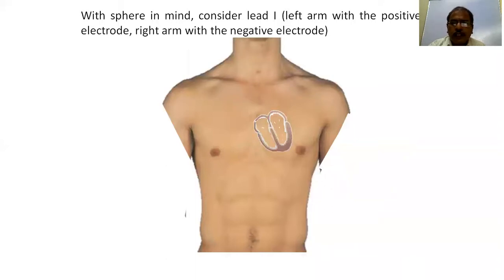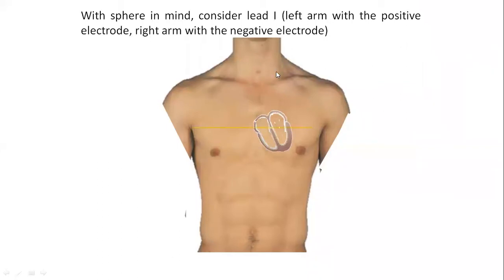Now with the sphere in mind, consider lead 1 as the left arm. I showed you that on the left side, lead 1 is positive, and the right arm has the negative electrode.